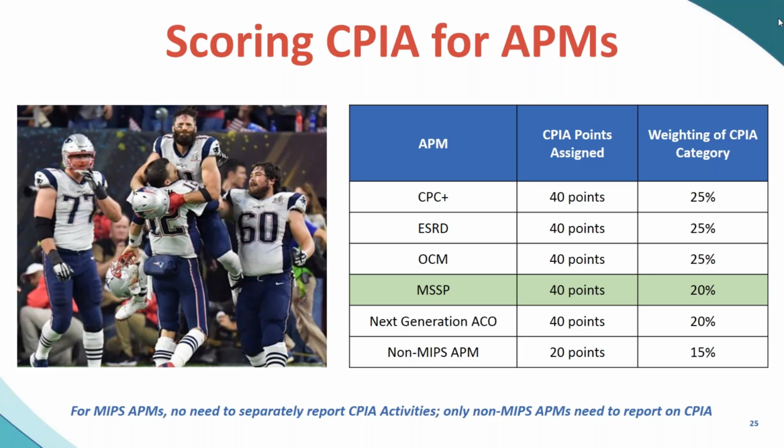So when you look through that list of CPIA activities, looking for ones that you can use for the 10% bonus, make sure that it is something that you have done for at least 3 months.